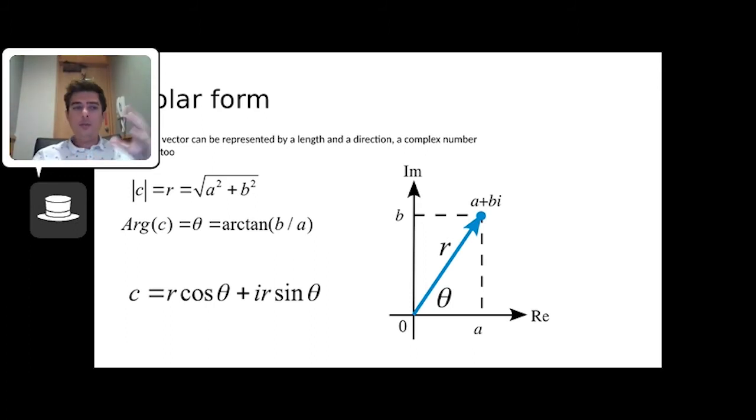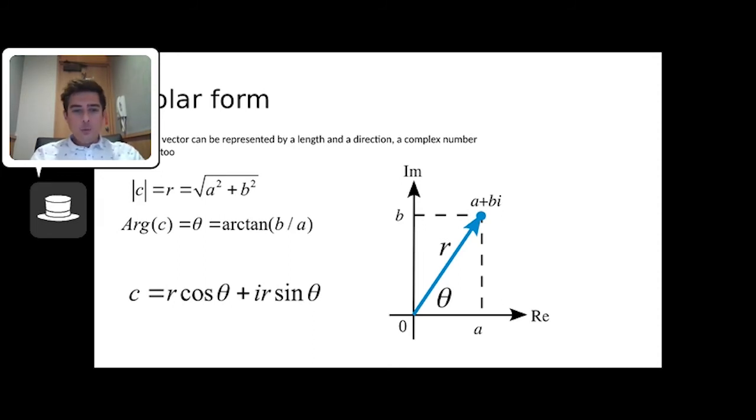Here we've got on one side the a and the b, and here we've got the r and the theta. It turns out we can relate them exactly the way we would for vectors, which is just using Pythagoras' rule and a bit of trigonometry.